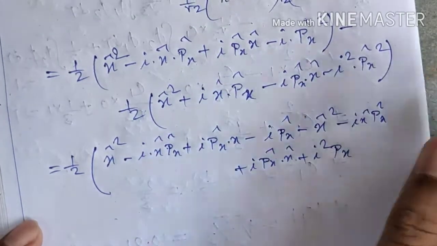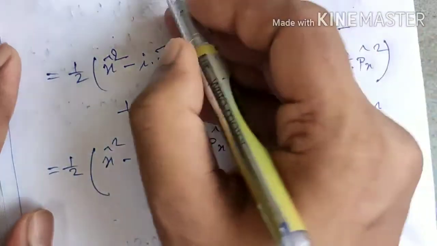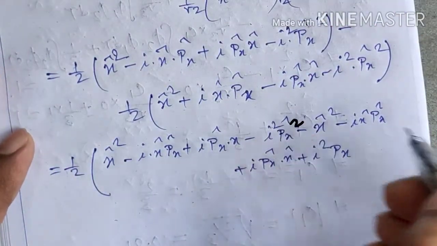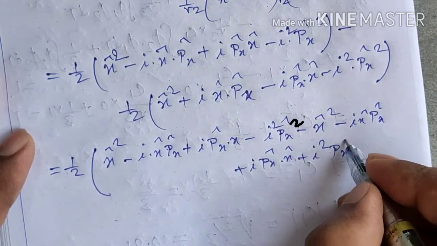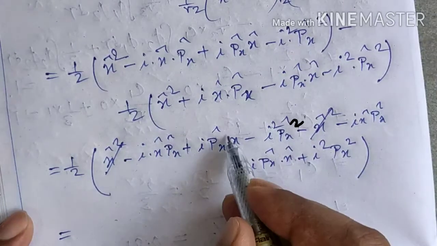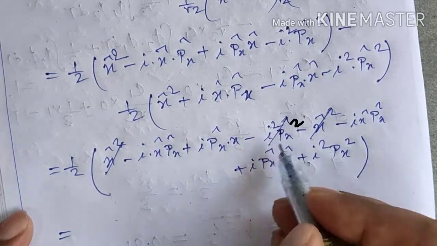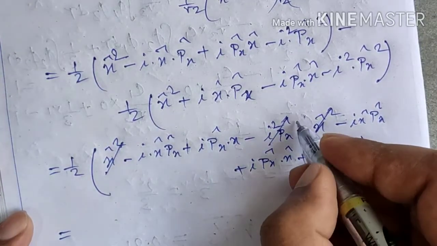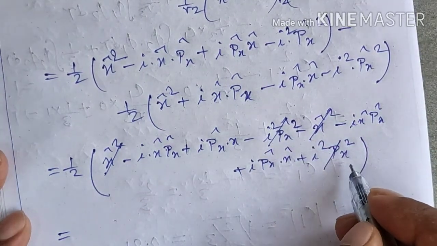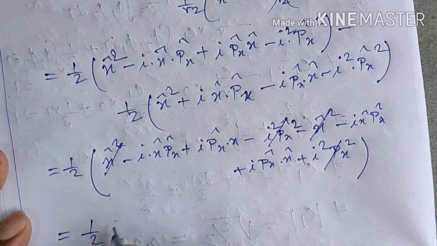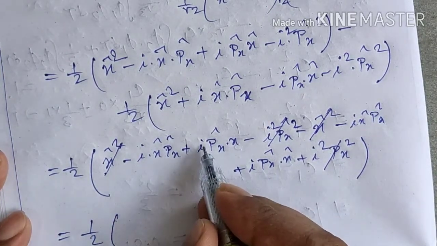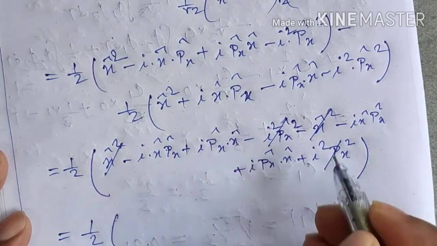Sorry, here I forgot to give, it is I into I, so it will be I square px square. Now this x square will be cancelled out, and this I square px square with the other I square px square will be cancelled out, and we can write it like this. It will be 2I px x minus 2I x px.